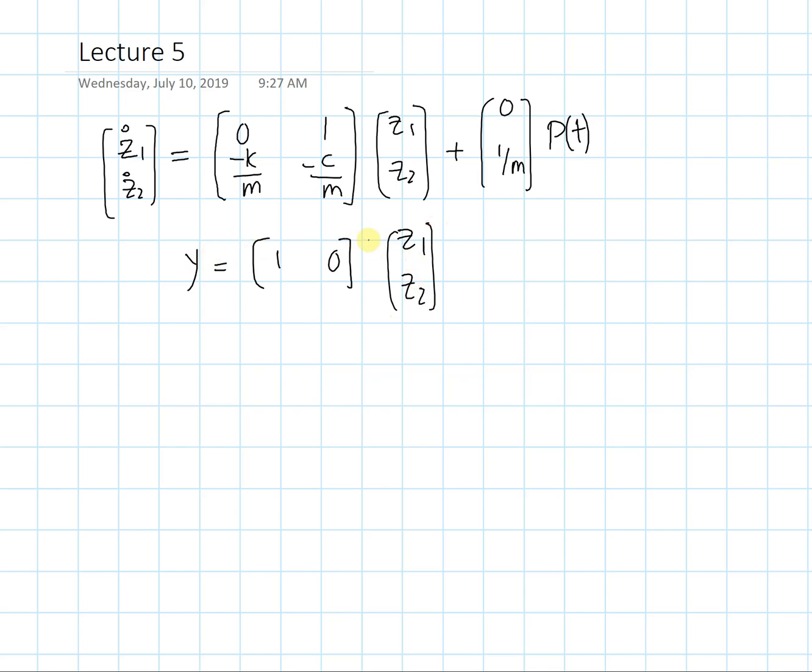So our output is the displacement, and if you recall, z1 is equal to x, so by having this [1, 0] matrix here, I can output z1. And then I will have 0 times p(t).